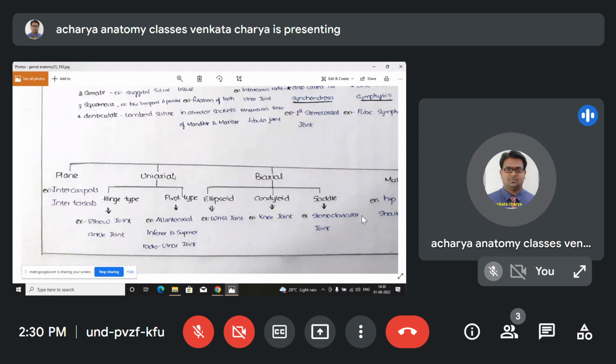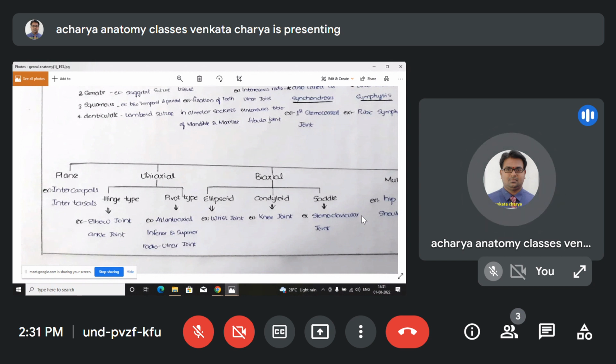What is that movement? Pendulum movement. We take one stick, then we pass one nail anterior to posteriorly. So that stick produces the pendulum movement, and that nail we call the axis.